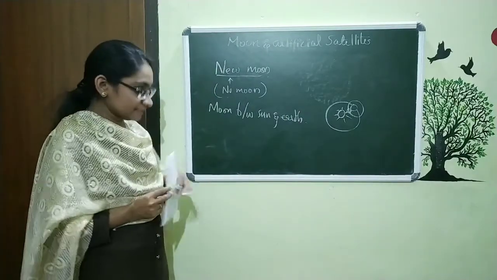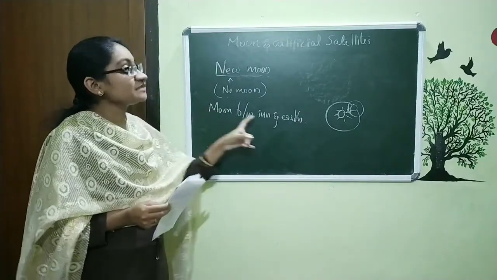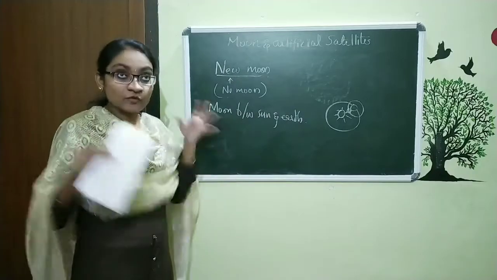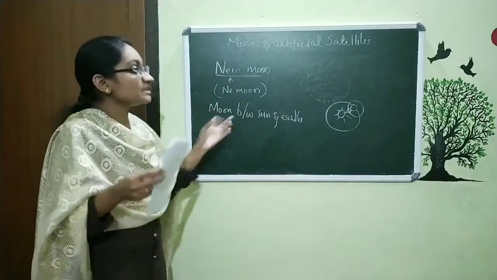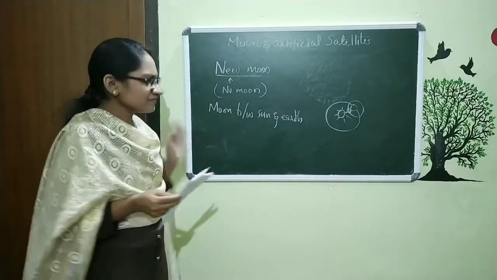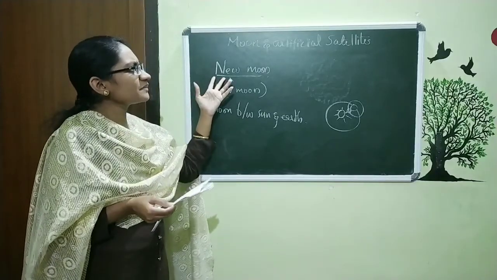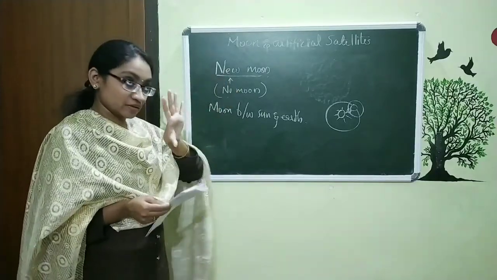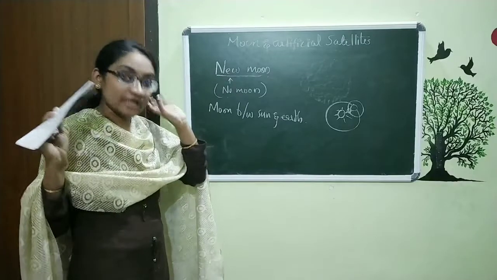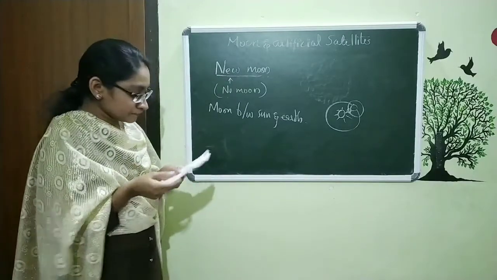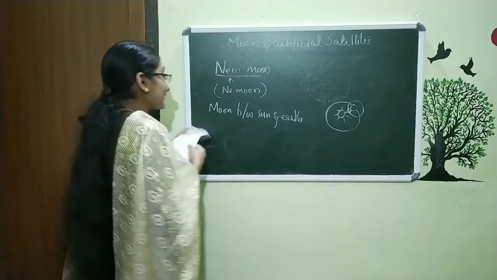New moon. That means when the moon is present between our sun and earth, we are not able to see the moon. That is new moon. Very simple. You just want to remember this name, new moon, and at the time of new moon, we are not able to see the moon. That's all. The next one is crescent moon.